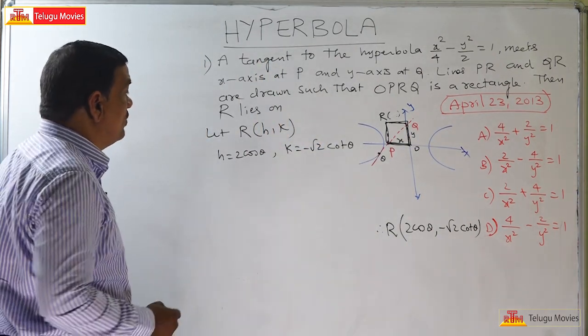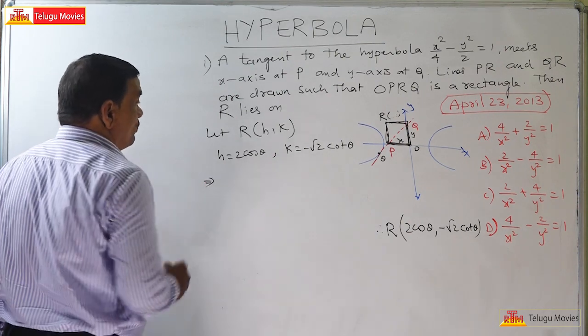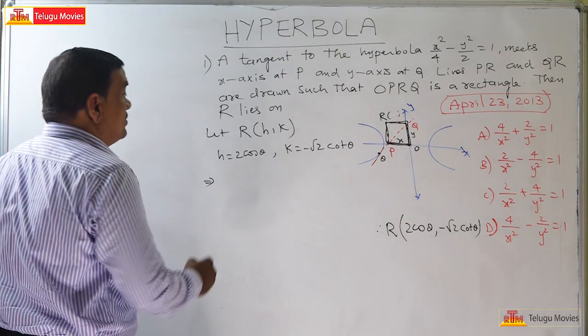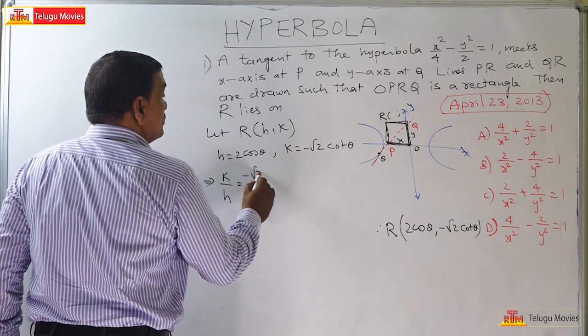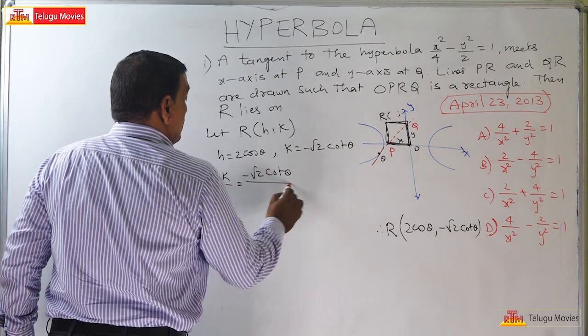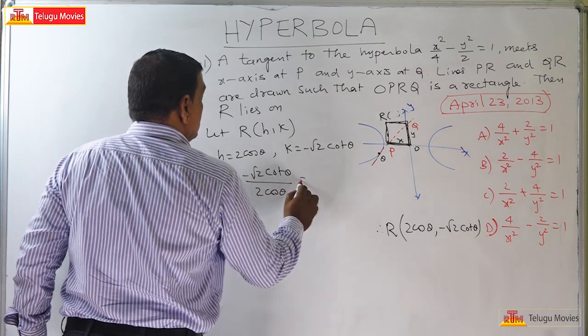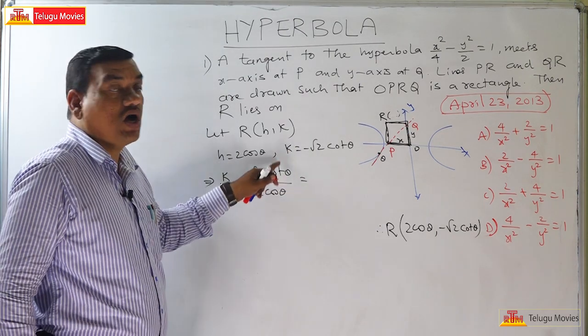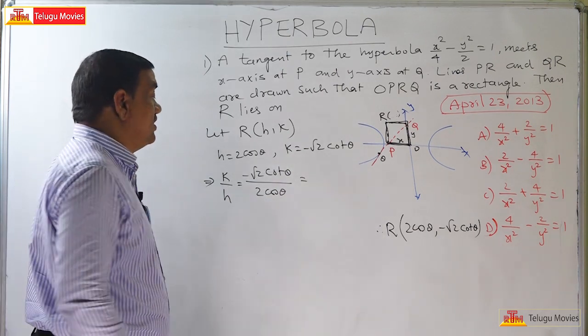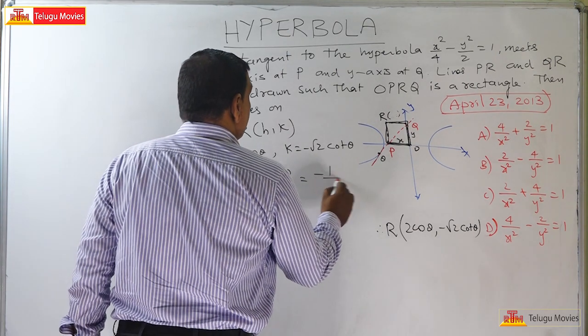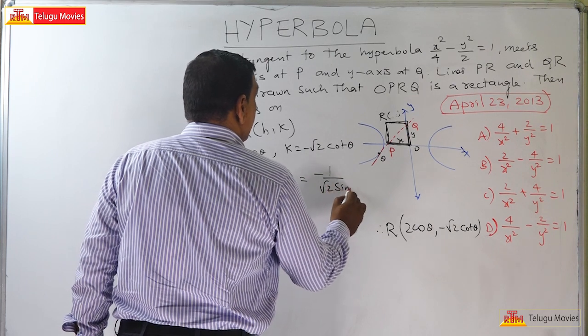So first, what we will do now is take the k by h value. K value is minus root 2 cot theta, by 2 cos theta. Cot theta means cos theta by sin theta. Cos theta cancels, so this is equal to minus 1 by root 2 sin theta.